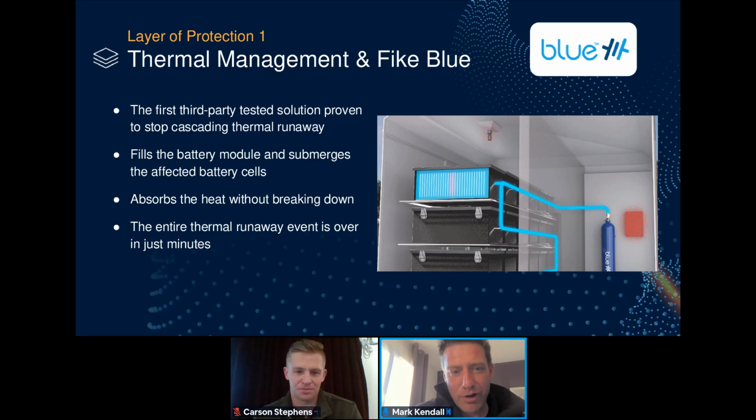We don't get the thermal runaway in one cell hitting 3, 4, 5, 6, 7 cells. So we try and limit the effect of that event as quickly as possible. And the way to do that is to take care of the thermal management while the thermal runaway is taking place.